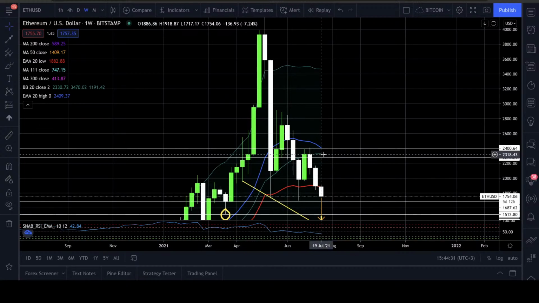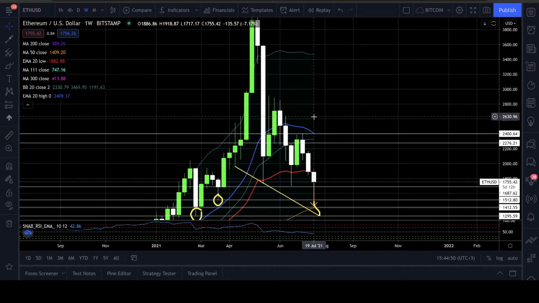Will alts also move up with Bitcoin next month? That's a good question. Yeah, it depends on the alts. Of course, there are so many alts out there. For example, in 2018, Binance Coin did really well because there is real utility to it.